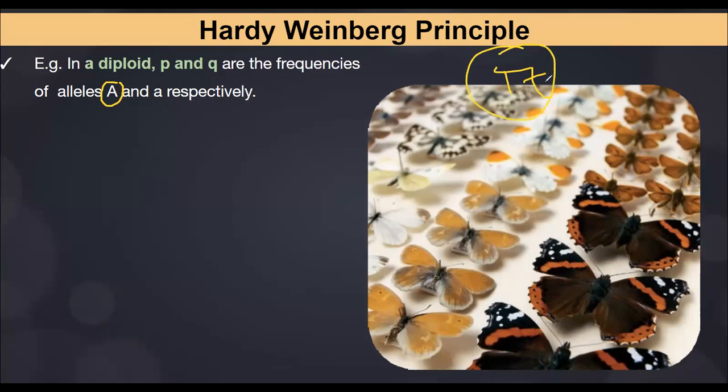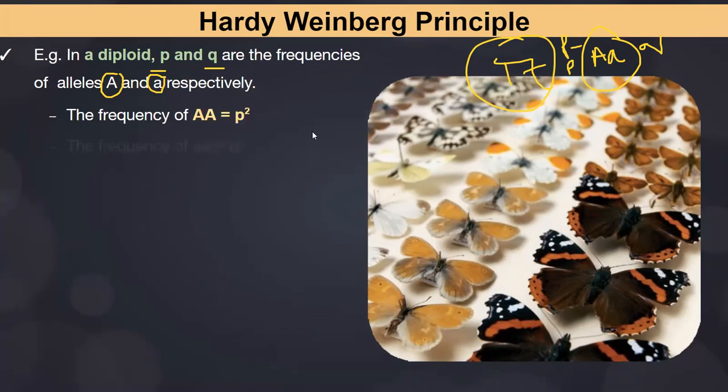So here it is just like capital A, small a, a hybrid variety. So for A, they have designated small p, and for small a, they have designated small q. So this is the allele frequency for capital A and small a respectively, and it is represented by a formula.